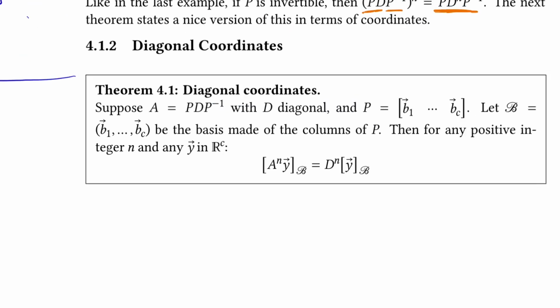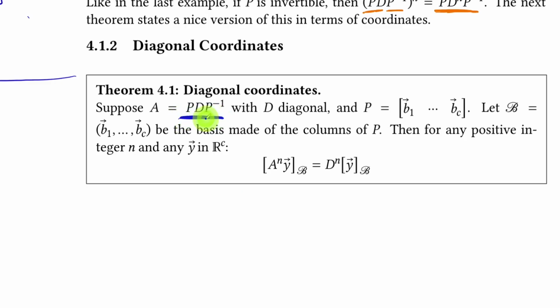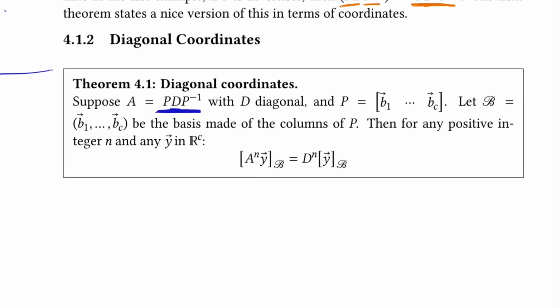So if A is diagonalizable, meaning it can be written like this, an invertible matrix times a diagonal matrix times the inverse of that P. And if we write P in terms of its columns and label those columns B1 through BC, we could also think of that matrix P and the list of vectors B as basically the same thing.